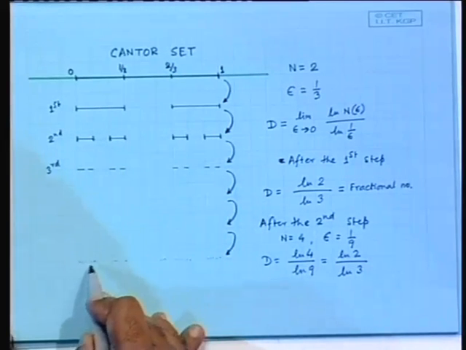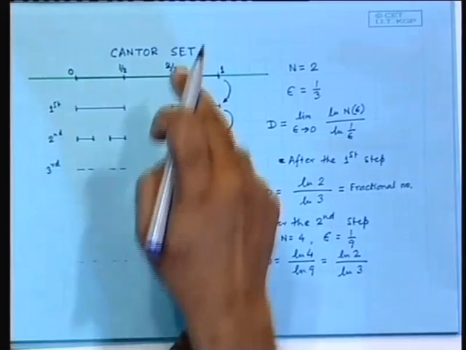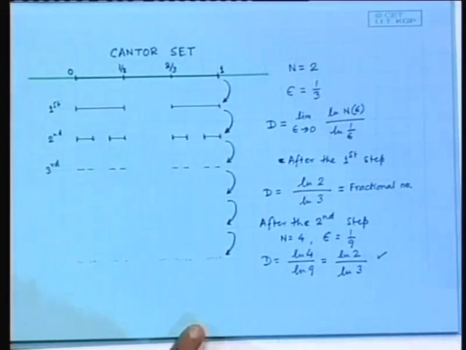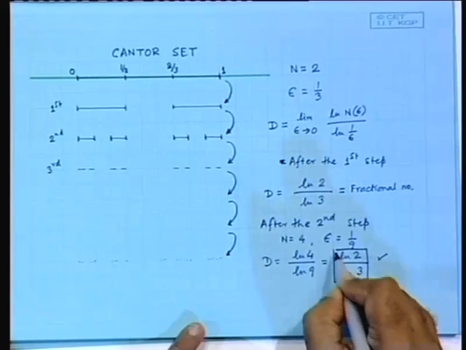Therefore, when we have arrived at the final thing, the collection, sprinkle of dots, the Cantor set, its dimension should also be the same, which is ln 2 by ln 3. This is a fractional number. So, we conclude that what we have here is a fractal.